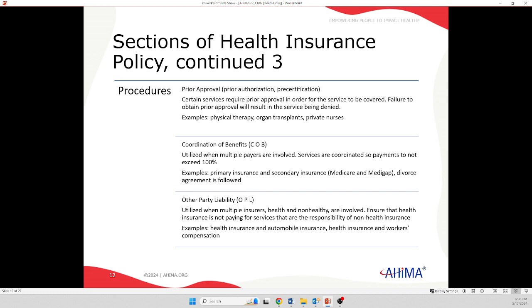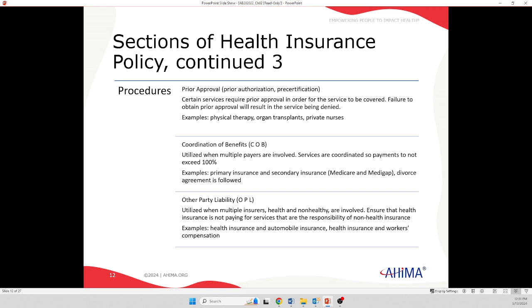So it helps to designate a primary and a secondary insurance. Your primary takes precedence over your spouse's insurance. For children, there's what's called the birthday rule. Whichever parent's birthday comes first will become primary and the other will become secondary.